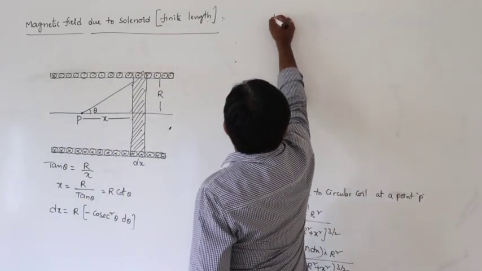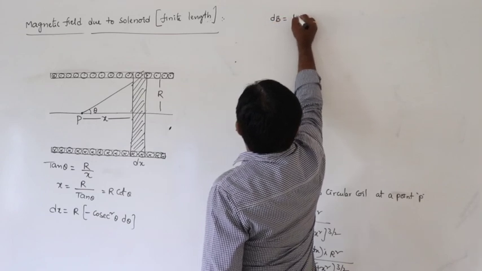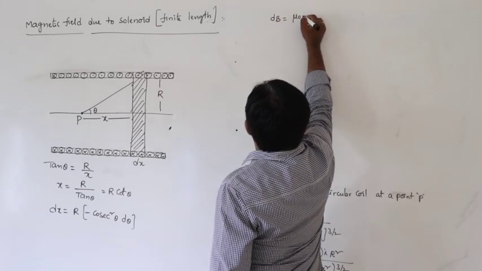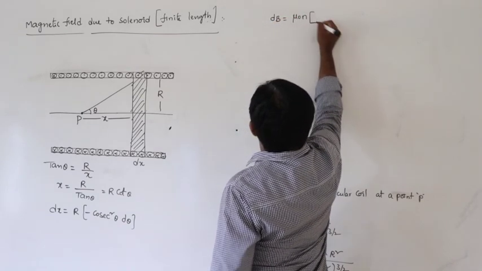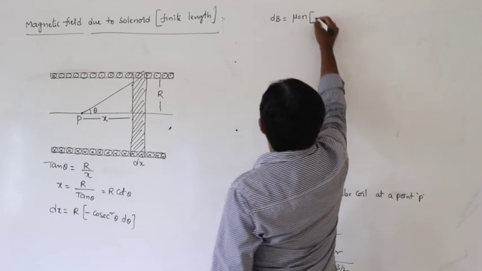Now dB equals mu naught n dx value. What is the value of dx?